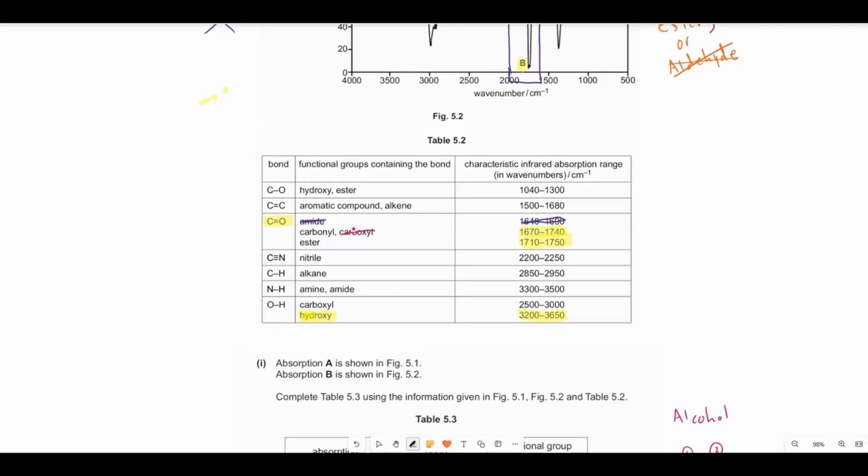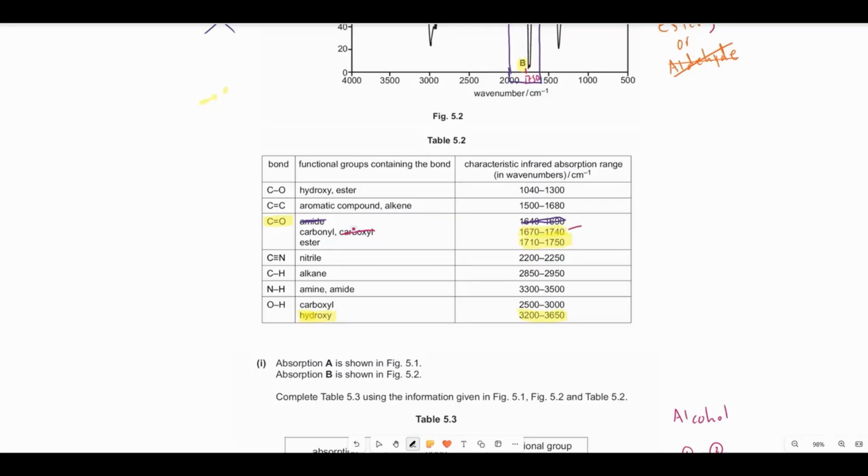If you're ever in doubt, look at the specific location. Esters are 1710 to 1750. If this is halfway between 1500 and 2000, this right here is 1750. So this is probably around 1740, around there, 1720.